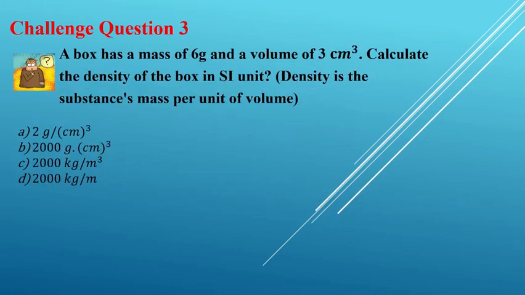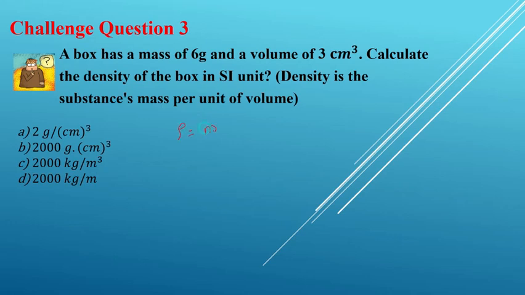Okay, challenge question 3. A box has a mass of 6 grams and a volume of 3 cubic centimeters. Calculate the density of the box in SI unit. Density is the substance mass per unit of volume, right? So we just solved that problem.